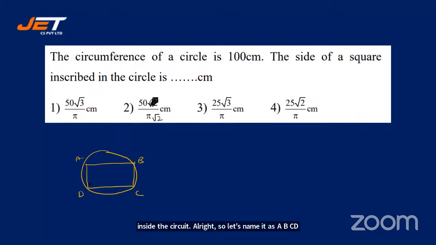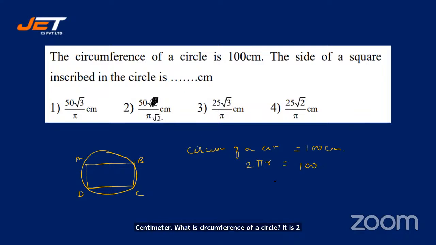All right, so here they say that the circumference of a circle is 100 centimeter. What is the circumference of a circle? It is 2 pi r. 2 pi r is 100. So what should be r? 100 by 2 pi.